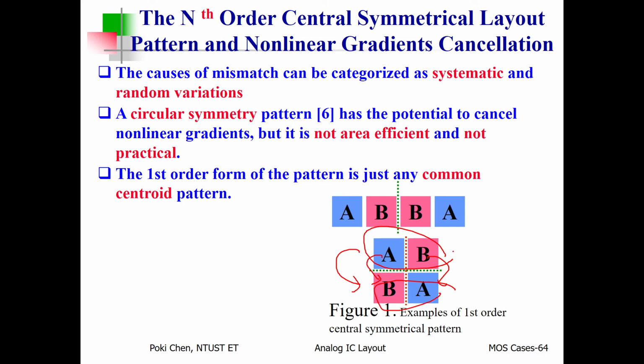You can increase the gradient error cancellation from zeroth order to first order. Congratulations. However, if you do wrong mirroring, I mean, if you apply symmetrical mirroring vertically, then A becomes A, B becomes B. Sorry, AB is the same as the original one. That is the wrong mirroring.